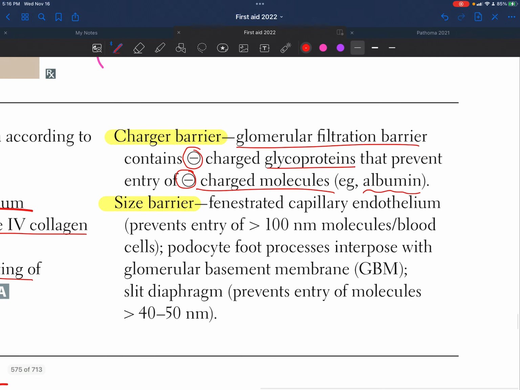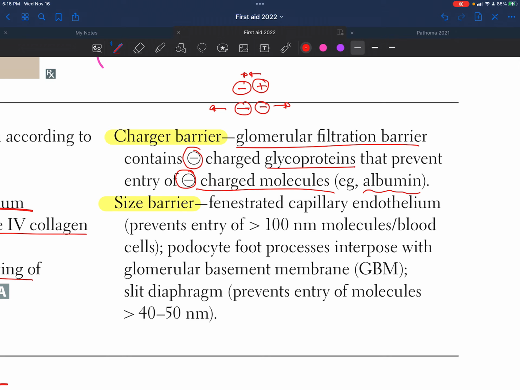We know from physics that if two molecules have a similar charge, they move apart. But if the charges are different, they move towards each other.